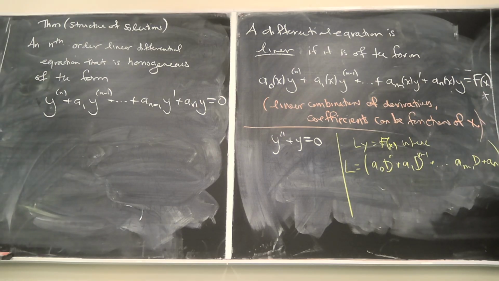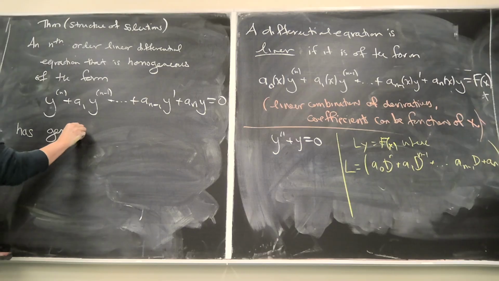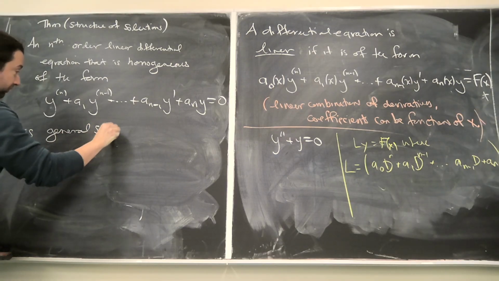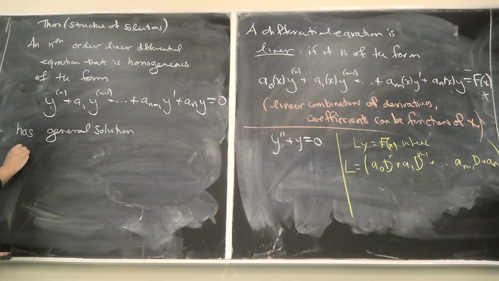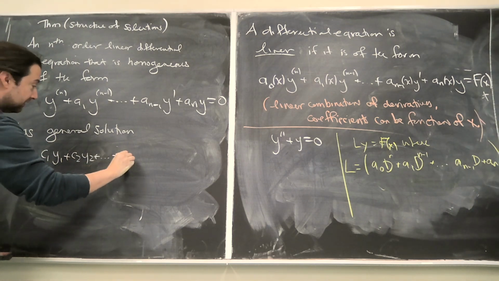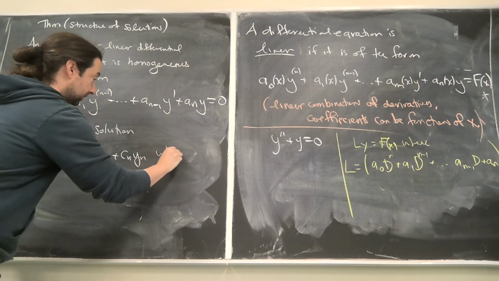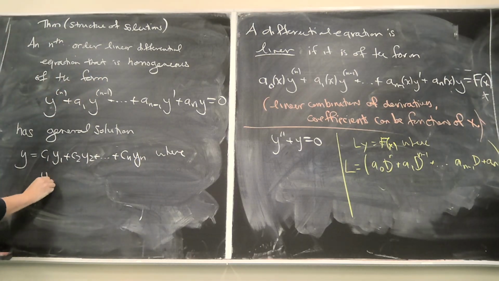So an nth order linear differential equation that is homogeneous, that has this form, where there's nothing on the y^(n) term, has general solution y equal to c1 y1 plus c2 y2 plus up to cn yn, where y1 through yn are linearly independent.